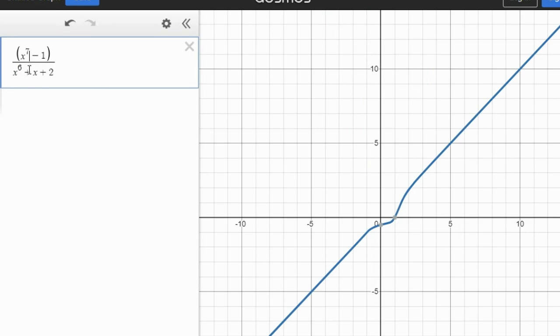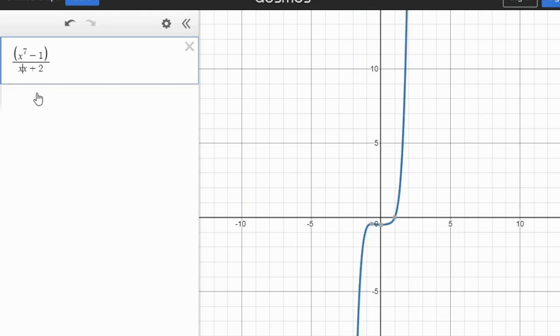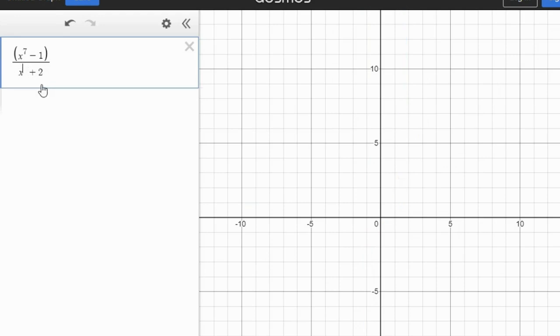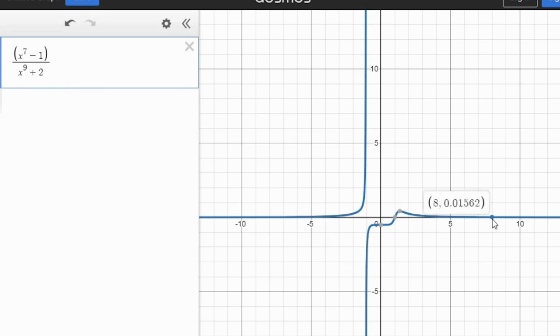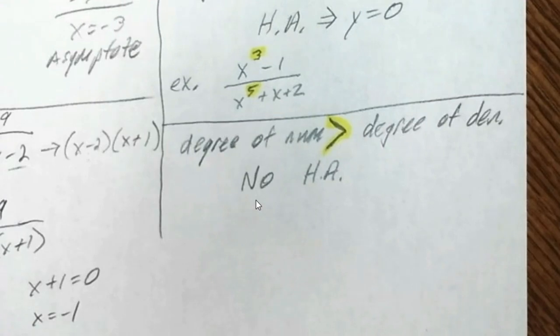Now it's x to the 7th over x to the 6th. Still, it's larger in the numerator, so there's no horizontal asymptote. We could take away the x to the 6th and just make it x plus 2. No horizontal asymptote. But if this suddenly becomes x to the 9th on the bottom, now we've got that horizontal asymptote of 0 again, because the denominator is larger. All right. So that leaves one more possibility, right?